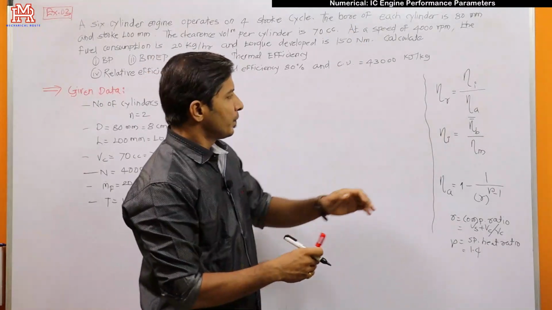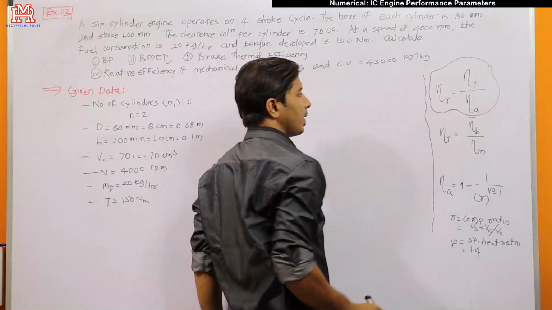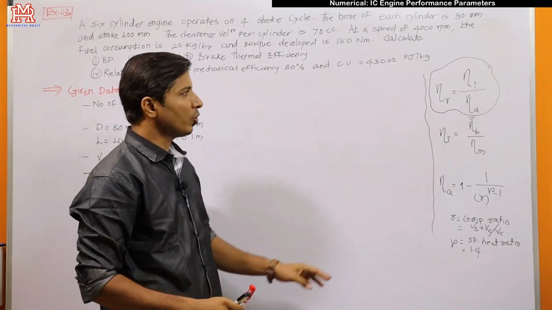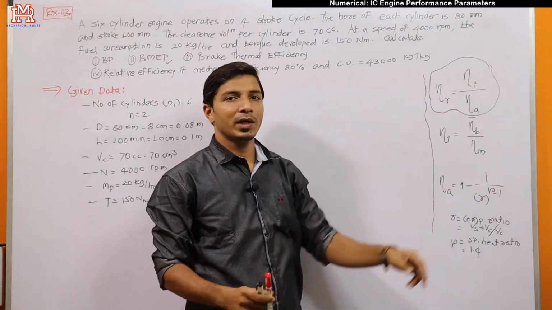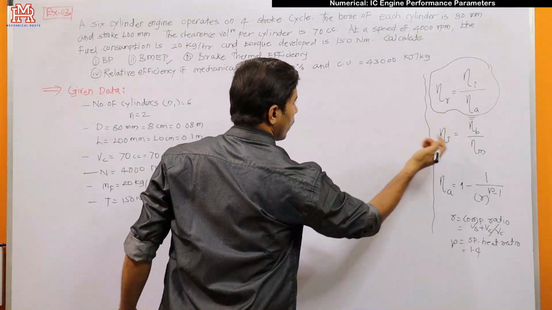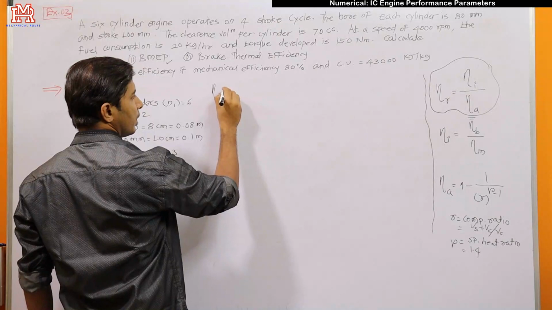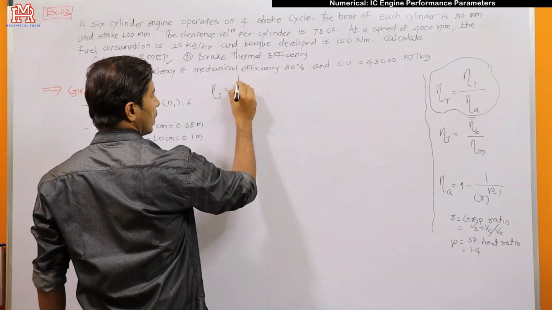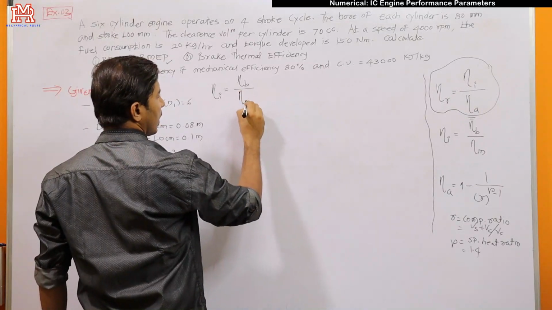Now the final formula that you have to use is this NR, but prior to that you have to find the indicated thermal efficiency and air standard efficiency. So we'll use this formula. First NI, which is equal to NB divided by NM.